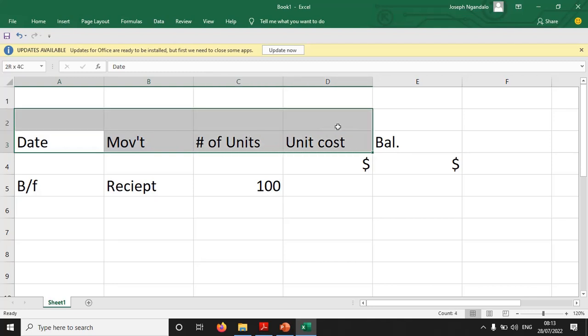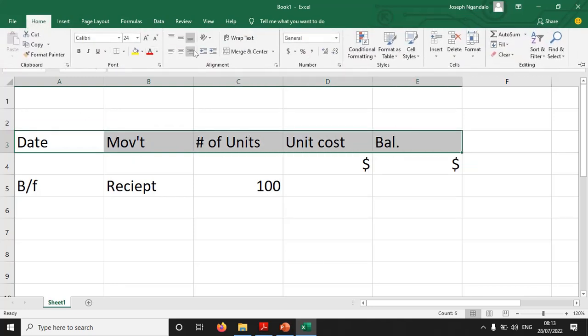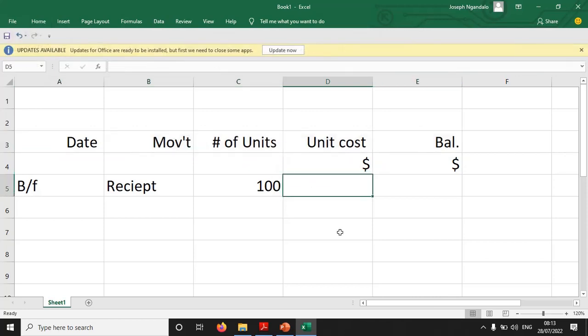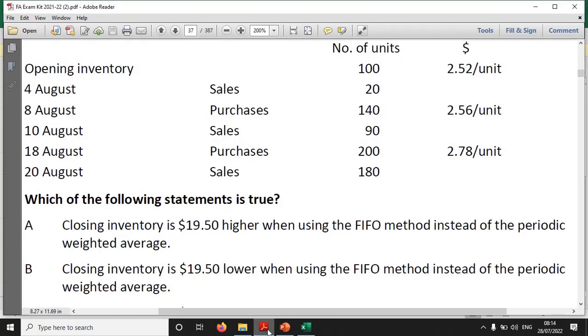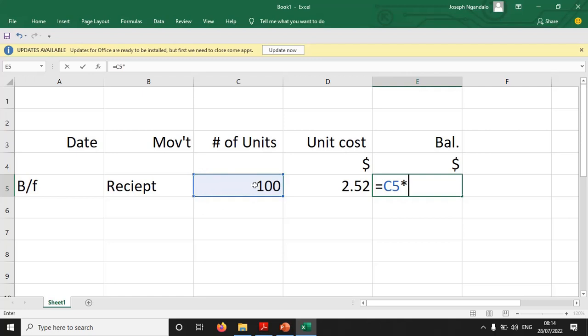Said it at 2.52, right? 2.52. So when you talk about the balance there, you multiply that number with that number. Are you seeing that? Yes. So you will continue proceeding.